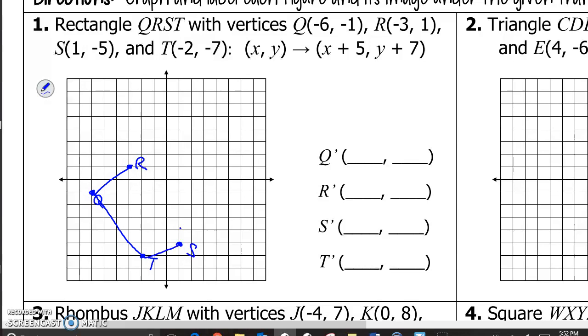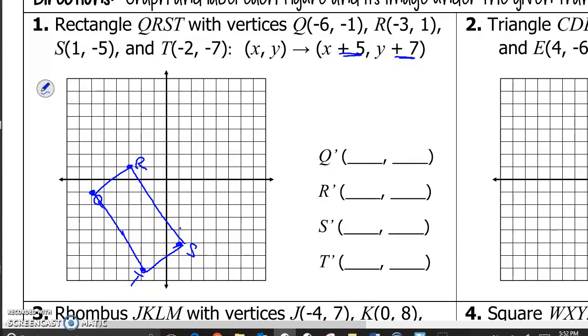Connecting those dots. Now it tells us that we are going to shift it horizontally 5 and vertically 7.